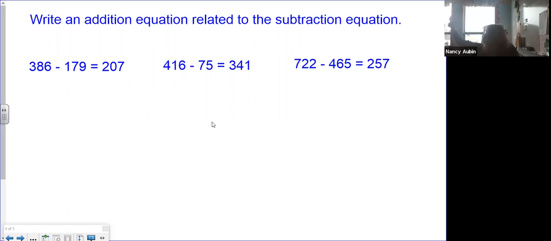I did my 3. I'm not even done with the second one. That's why I'm the teacher. Lila could substitute for me possibly because she got them all. I think she beat me.